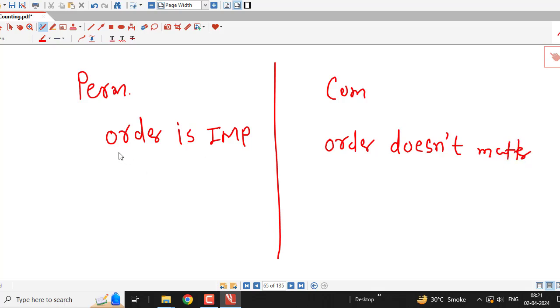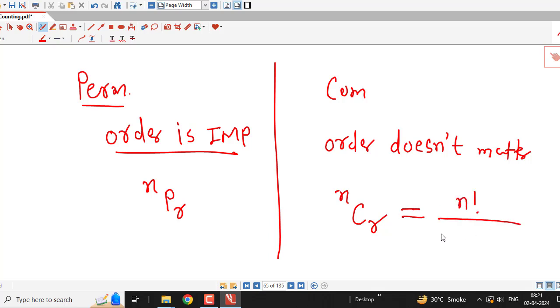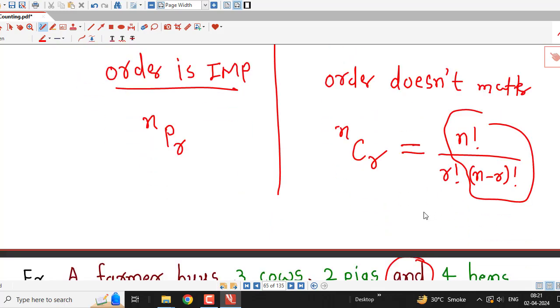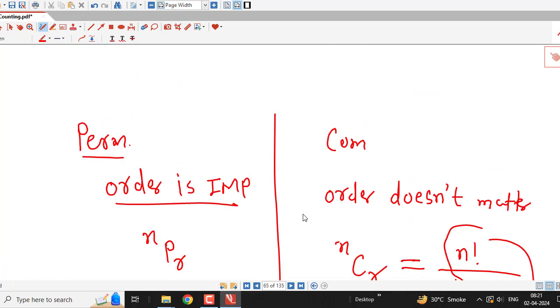So whenever we have an ordered arrangement, we will use permutation, and if we want to select R objects out of N objects, we will use the formula of NPR. Here we will use the formula of NCR. This is given by N factorial divided by R factorial times (N minus R) factorial, and this part is nothing but NPR. So we can write this formula as NPR divided by R factorial also. So we will continue with this in upcoming lectures.